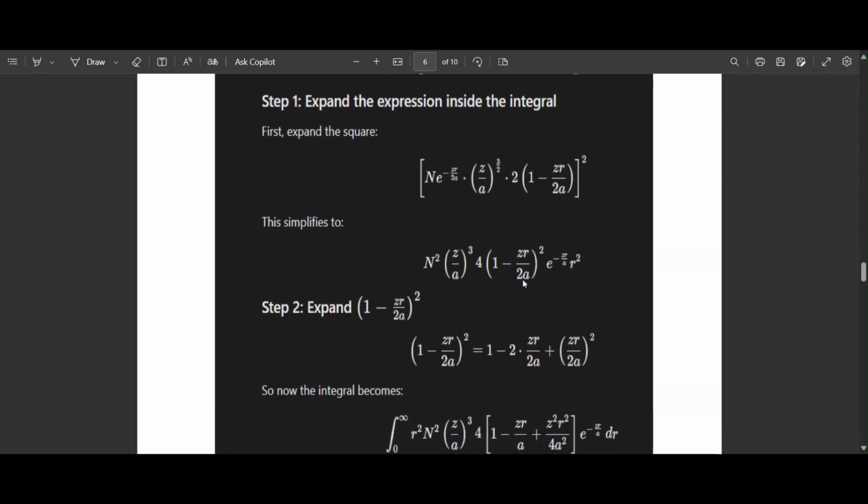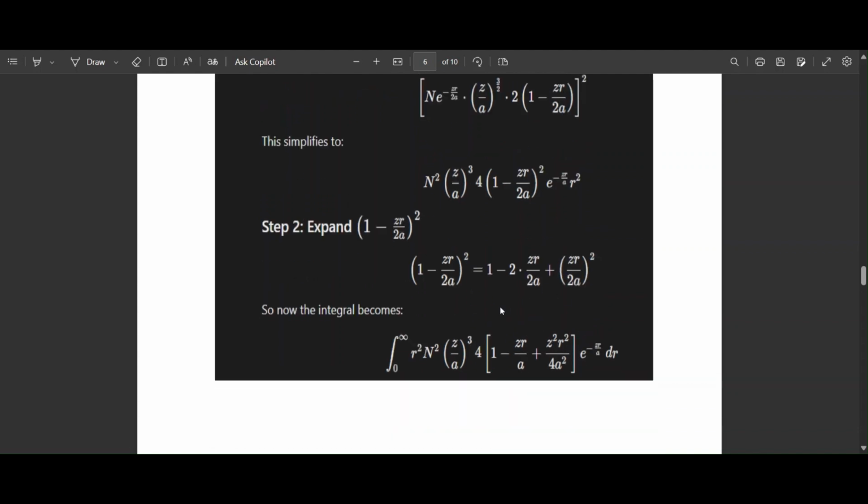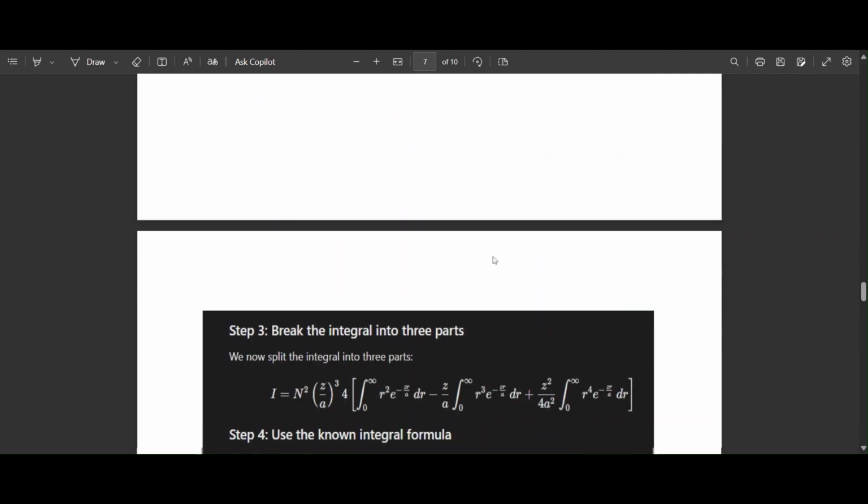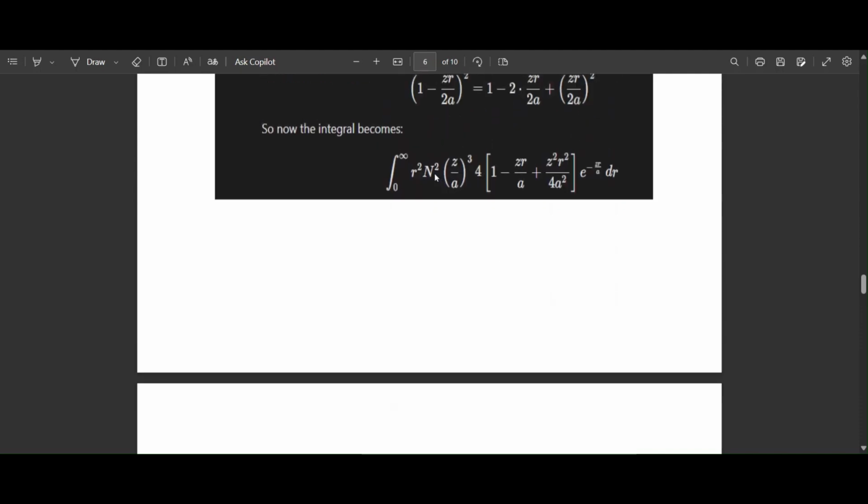Now we have to open this term, so it opens in this way. Put these things here, and this integral will become like this. Now we take the constants out: this N squared, this 4, and this Z by a whole cube, because r squared e to the power minus Zr upon a and these terms are the only ones that depend upon r.